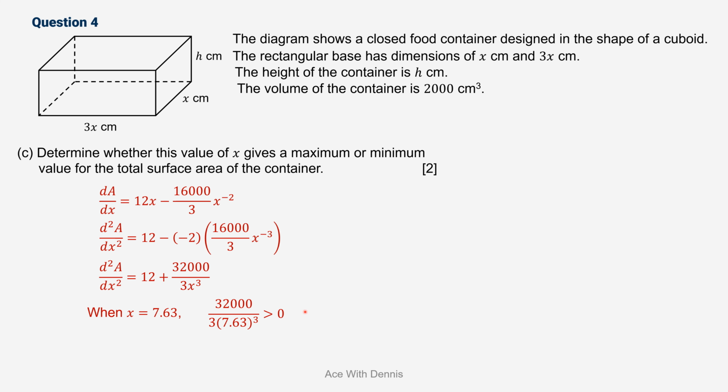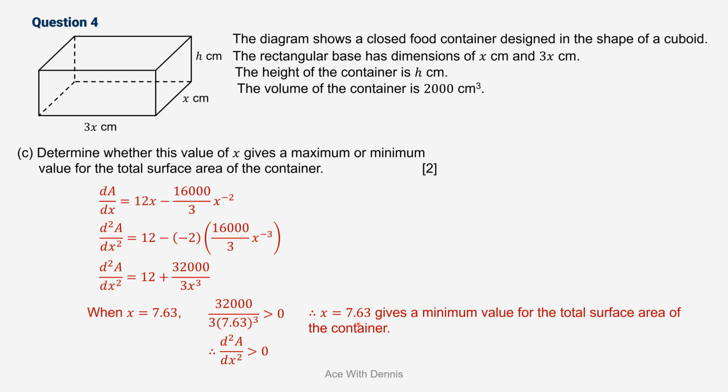Hence, the 12 is also positive, plus a positive value, so d squared A over dx squared will be positive. Therefore, we can conclude that x equals 7.63 gives a minimum value for the total surface area of the container.